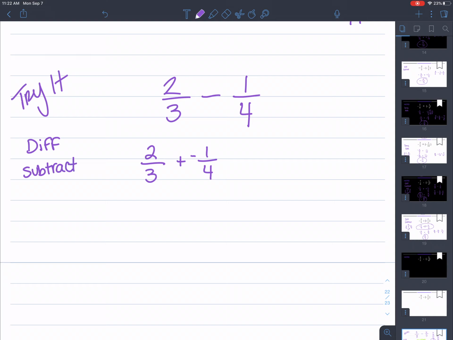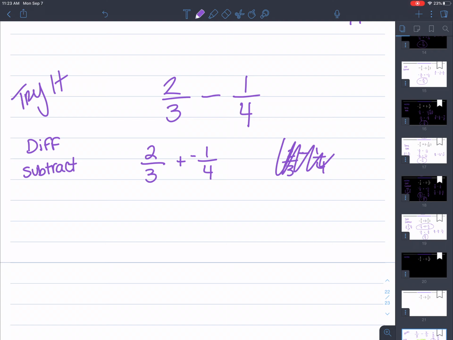Once again, we have different denominators, unlike denominators. We have 3 and 4 as our denominators. So we want to do 2/3 minus 1/4, but we can't until we have a common denominator. So we're going to get rid of that. You can cross it out or erase it.